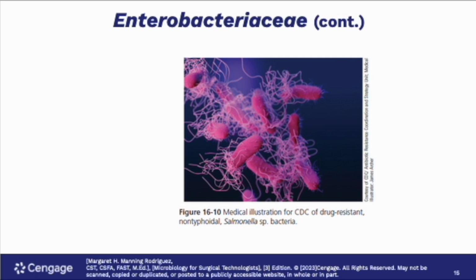Group B, group C, and group D also cause different severity of the diseases. Okay, so one you've heard of, Salmonella, a gram-negative, rod-shaped, motile bacterium with over 2,500 serovars, many of which are pathogenic to humans.